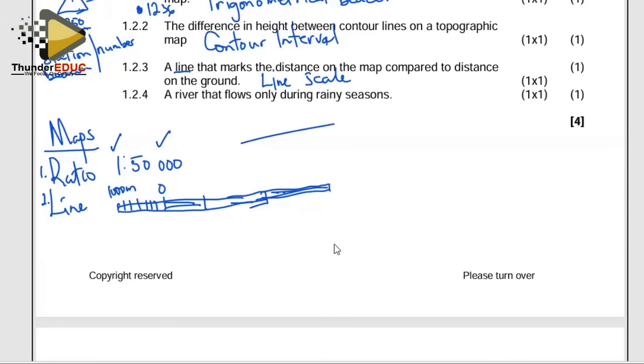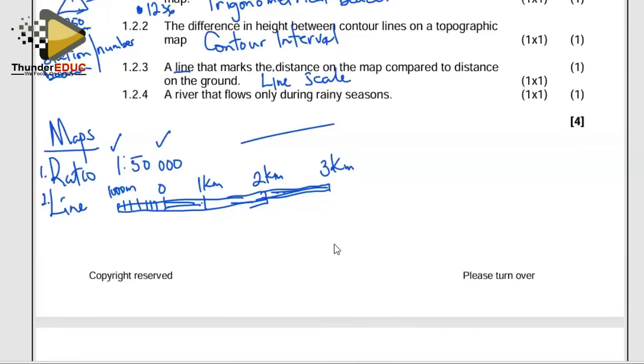Maybe it's 1 kilometer, depending on the measurement, maybe 2 kilometers, and then maybe 3 kilometers. So with the line scale, you can just measure the distance on the map and transfer the distance to the line scale and actually see how long it is on the real ground. Those are the two main types of scales that we have on our topographic maps.